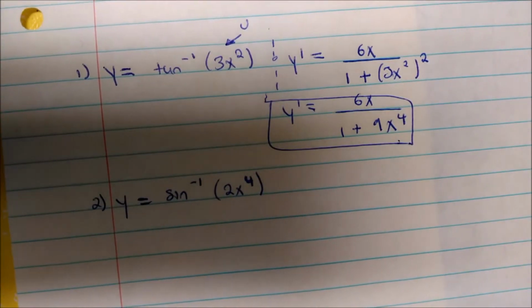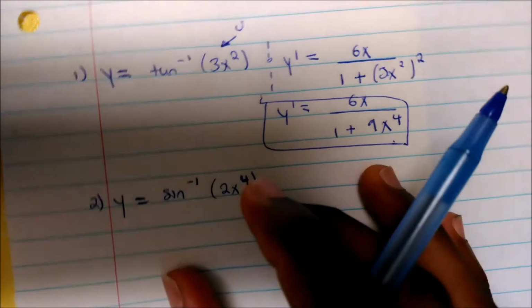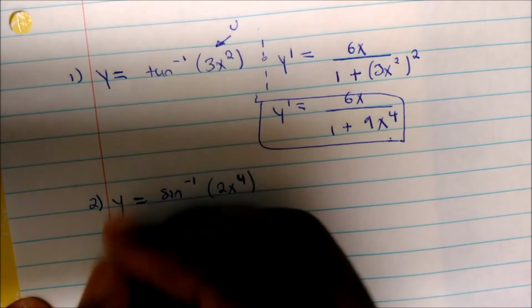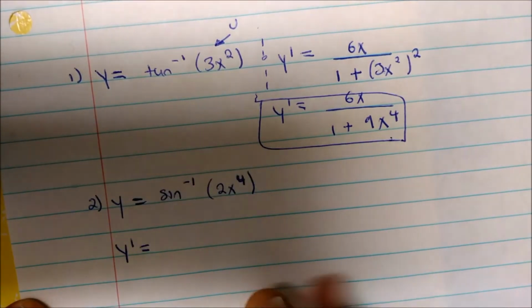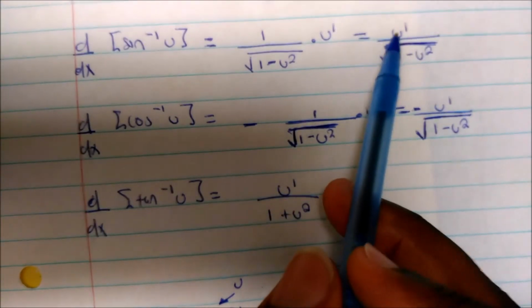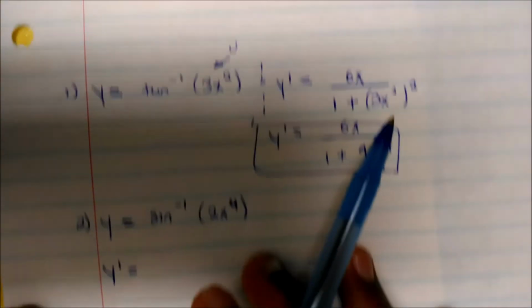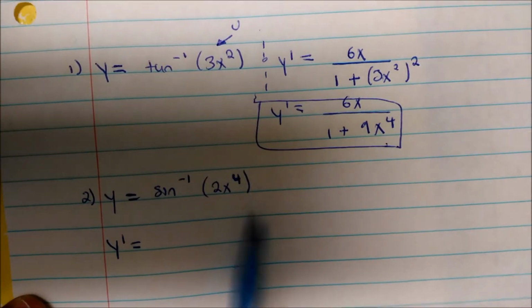How about this one? y is equal to sine inverse of 2x to the 4th power. Again, the rule says I'm going to write my y prime, and the rule says here that it's just u prime over the square root of 1 minus u squared. So again, u is here, right?